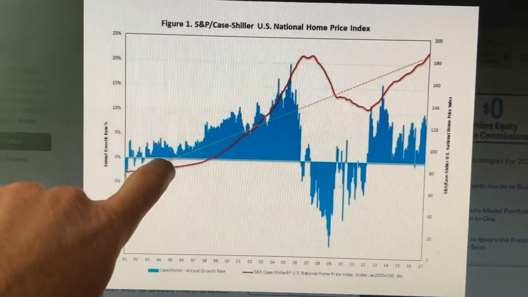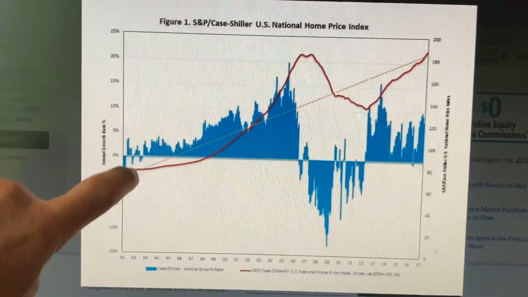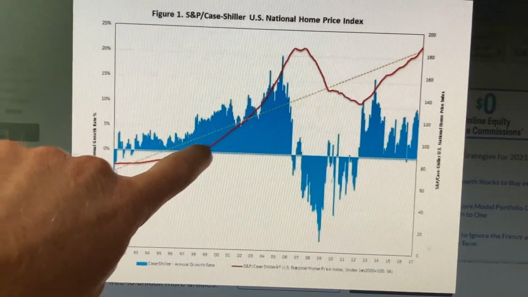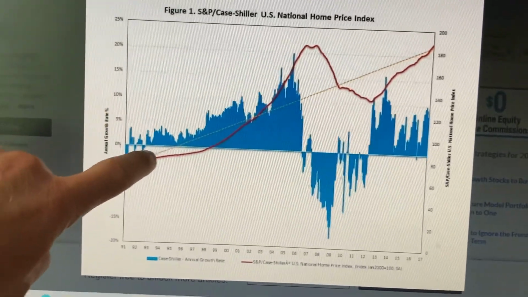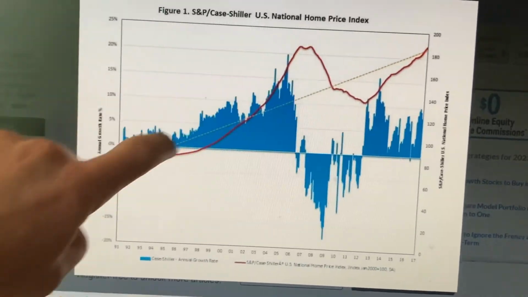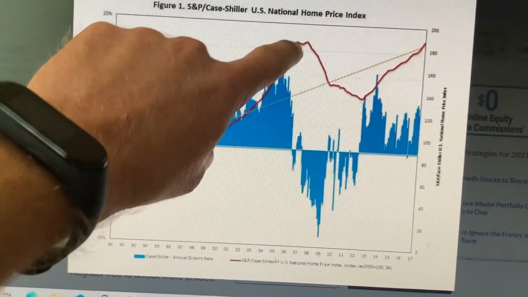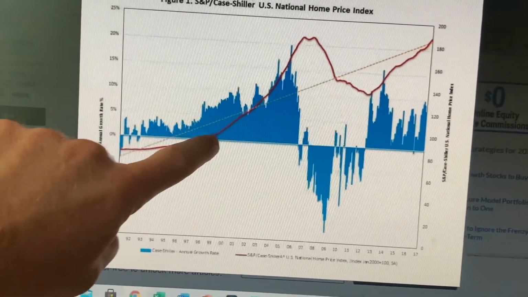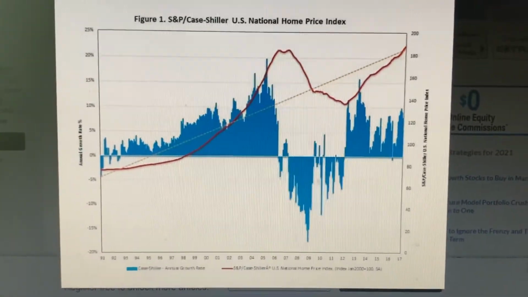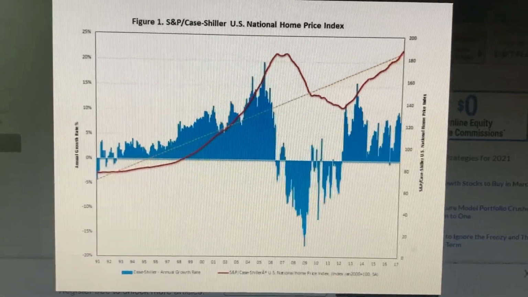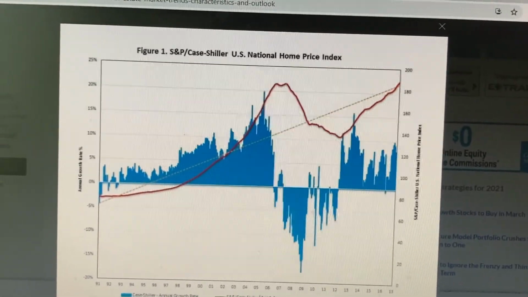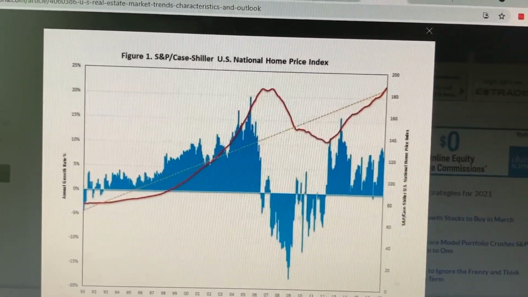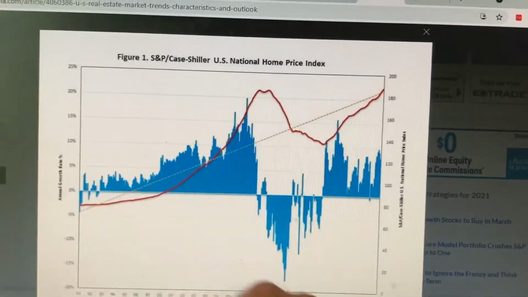This red line shows you housing prices in general, all right? So this is not the percentage change. This is just the housing price index. And you can see that increasing at an increasing rate, right? Positive slope, and it's increasing at an increasing rate, which means the second derivative is positive, okay? So basically, housing prices are exploding. And you can see there right around 2006, 2007, we get a little hump and then a collapse.